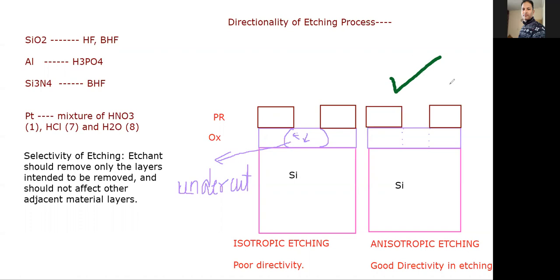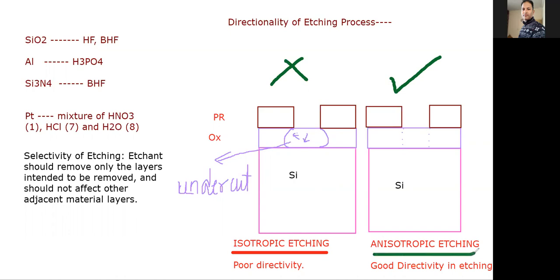So this is a good etching which has got directionality, and in this case it does not have any directionality and it becomes isotropic. Okay, it becomes isotropic etching.